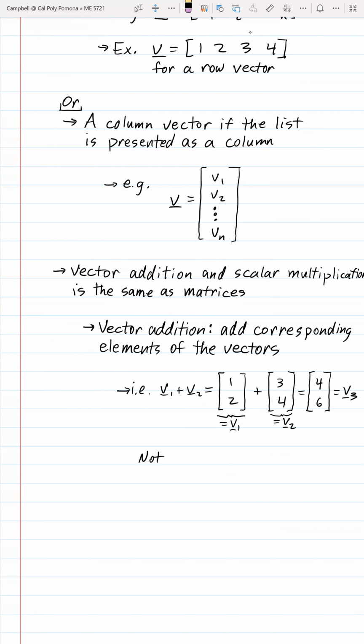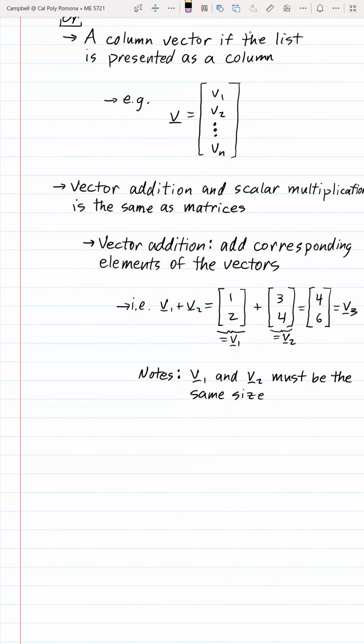Well, I should say just as we saw before with matrices, but it is worth noting again that v1 and v2 must be the same size. Here, since these are notes, I'll just keep going down with these colons.